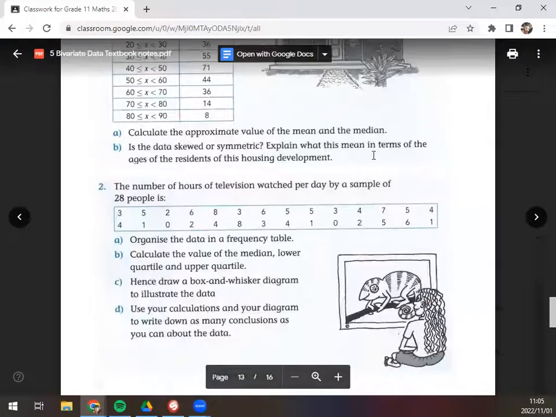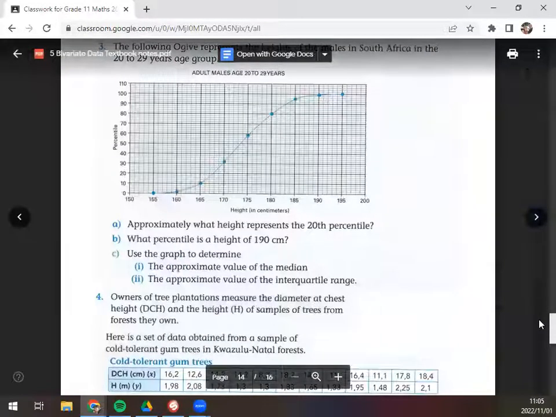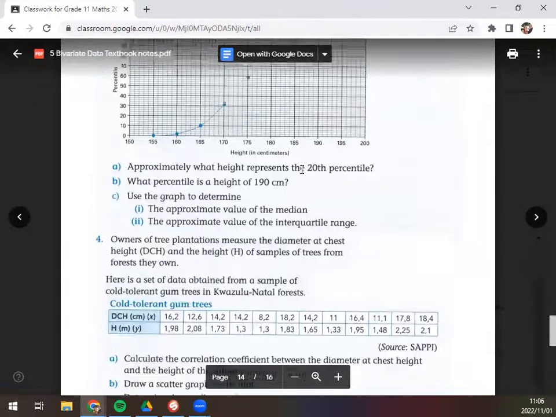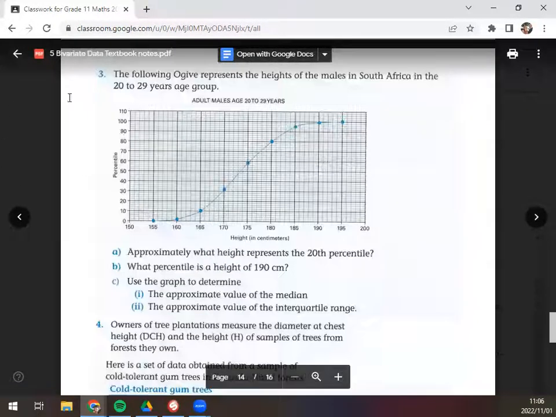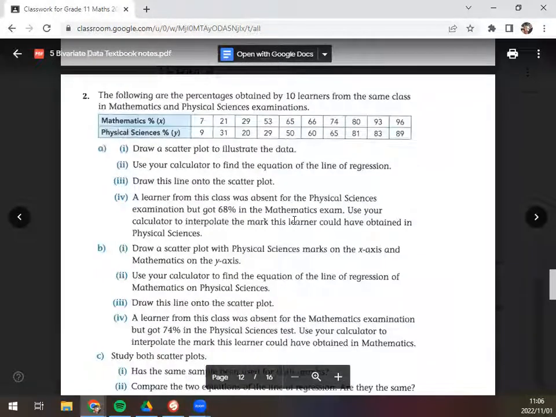Okay, so this is a revision exercise, but you are going to start by doing number 3. It's a bit difficult actually when you don't have the guide. Okay, don't stress. We'll do that one when I've printed it, then you can do it there. I think actually, wait. Have you guys already written the revision exercise?